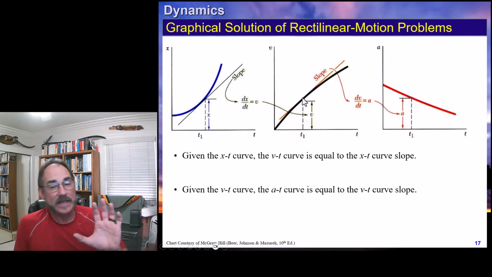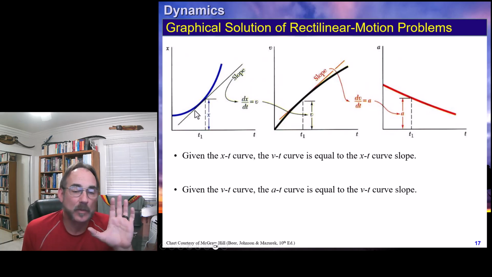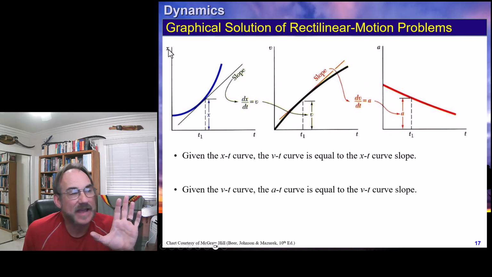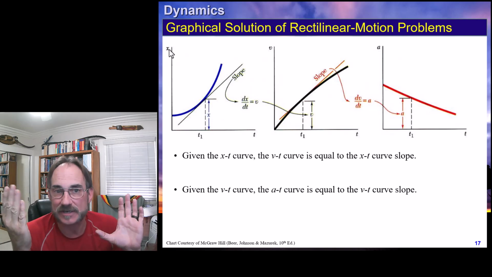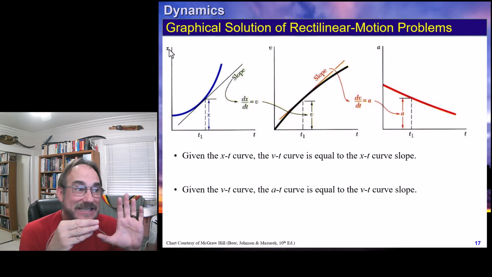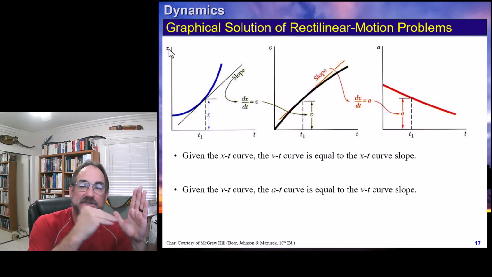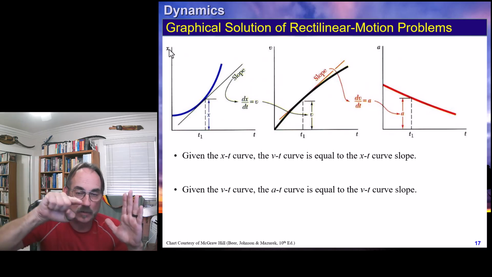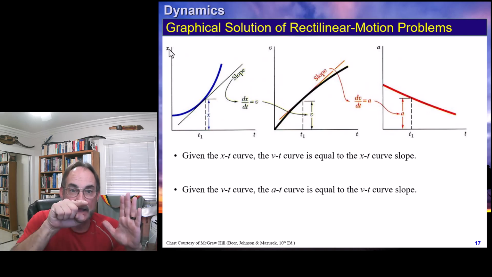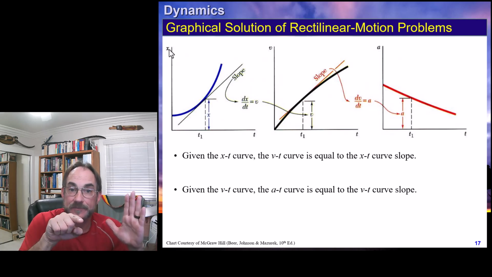All right. We can also do graphical solutions. Remember, we talked before, if this is the plot of position with respect to time, we've got x here, so we're talking about position on the x-axis, but it really could be any position. It could be y, it could be z, or just s. If we plot position versus time, at any point we can calculate with that time value what the position is.